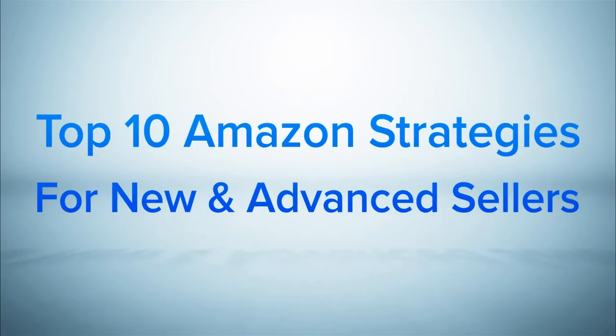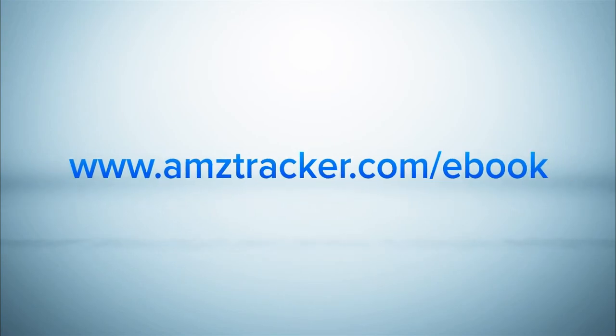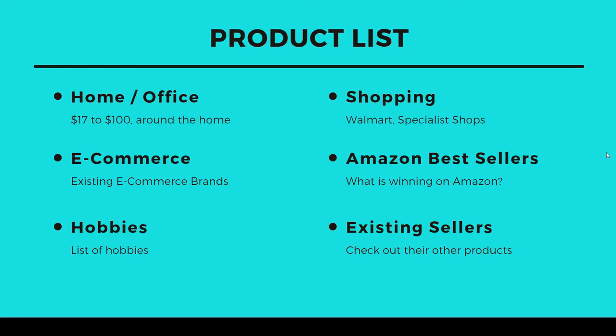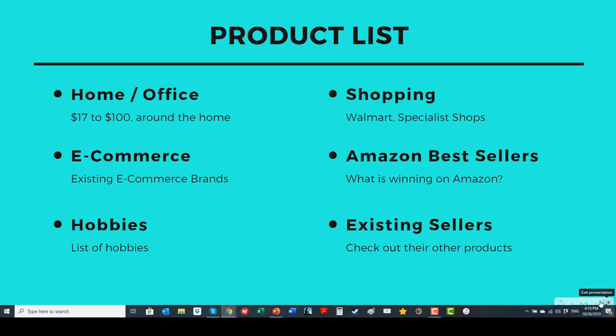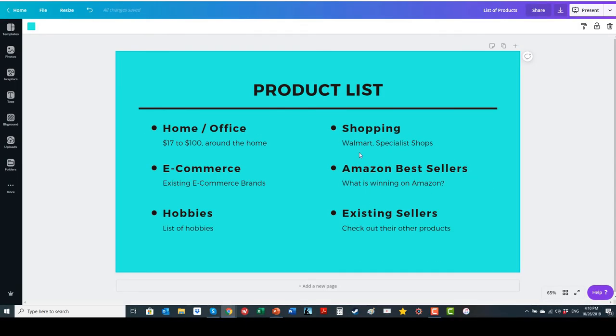The next thing is, as you're doing this too, not only from around your home, your office, your shopping, but you could also then, if you've got an idea, say for hiking, hiking products, you don't necessarily have to go out to a hiking store to find good products for that.